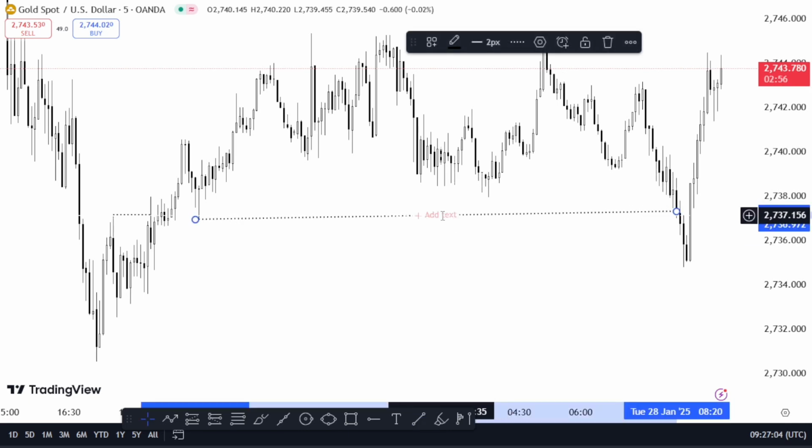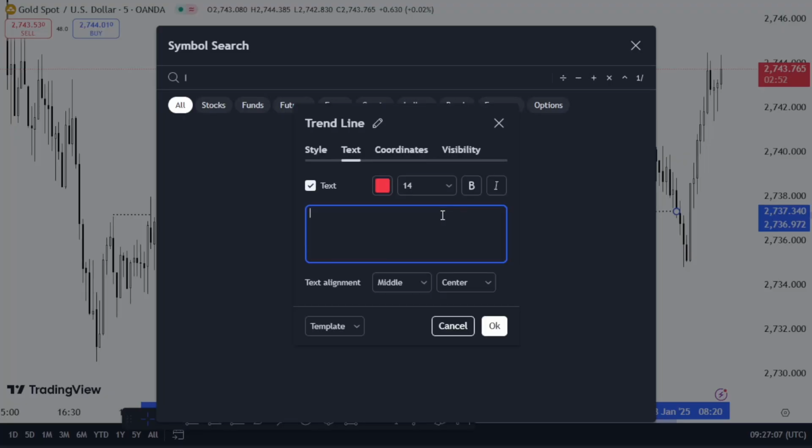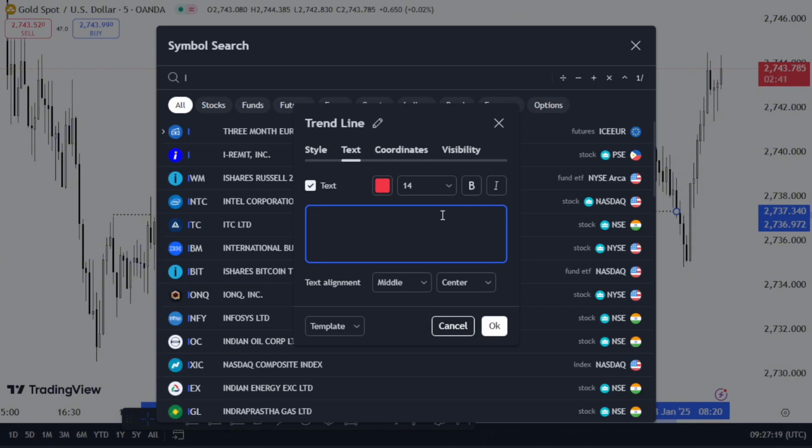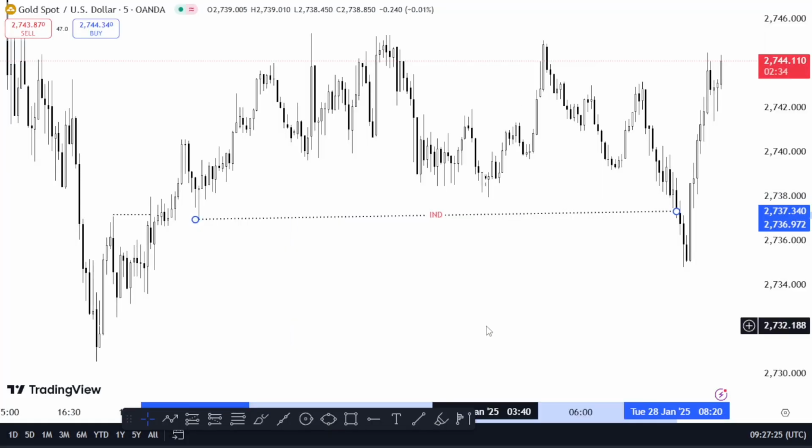The market just came and we have an imbalance.